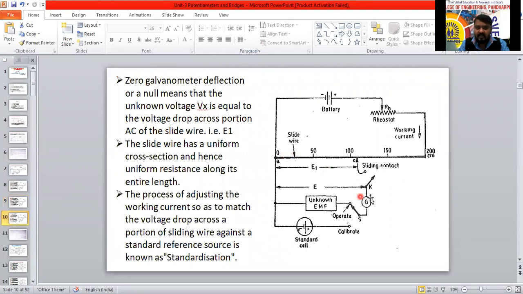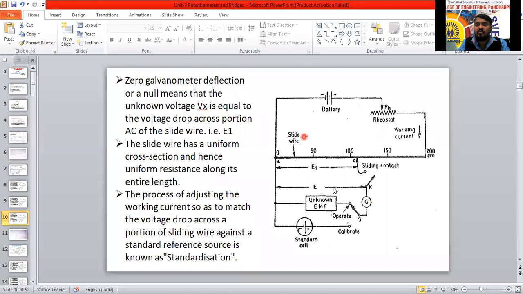If there is null deflection, suppose the pointer, the sliding contact, is here. At this point we got the null deflection, which means that the unknown voltage is the voltage drop across AC.